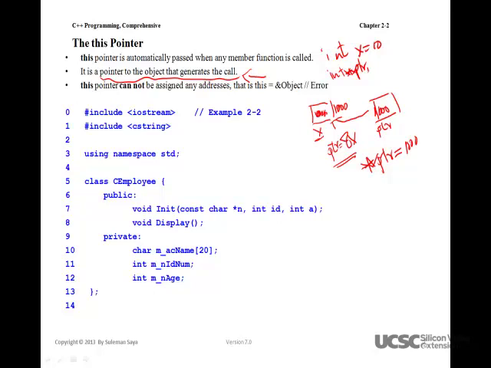As soon as I start the class, I make it public. Why is that? Because, as you remember from chapter 1, classes default to private and structures default to public.